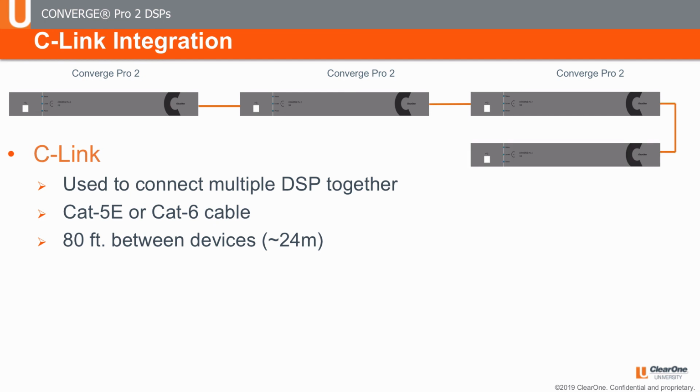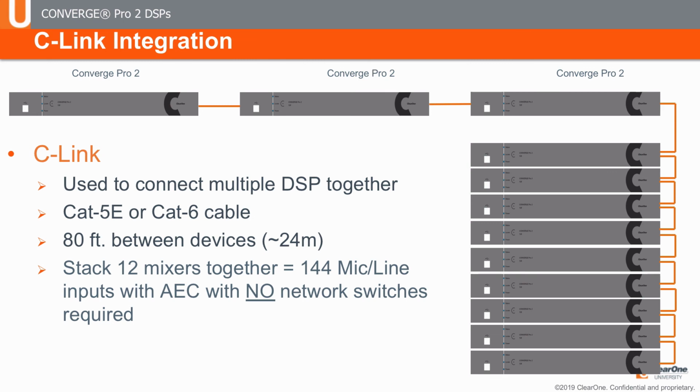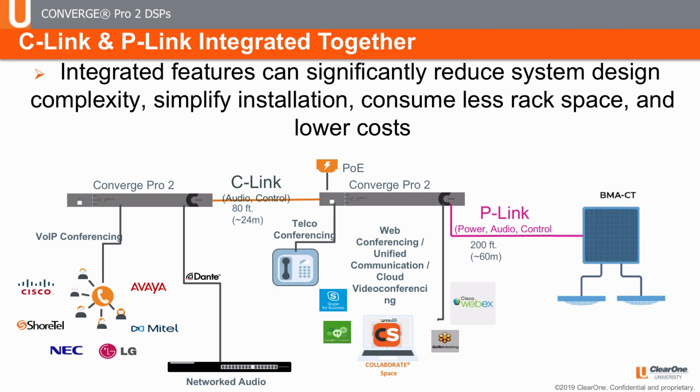In a maxed out system, a stack of 12 mixers can support up to 144 mic line inputs, and that doesn't include BMA mics since they have their own processing. The ClearOne architecture with C-Link, P-Link, and integrated connectivity for Telco, VoIP, Skype for Business, USB, and Dante makes for a very powerful and economical system.